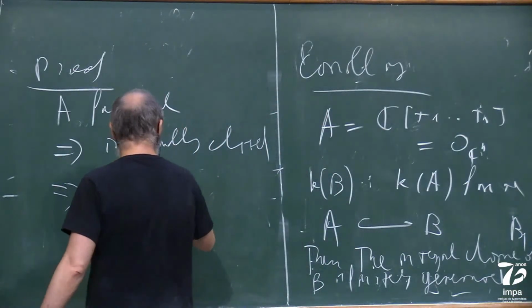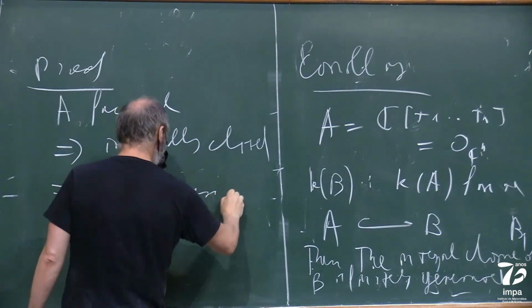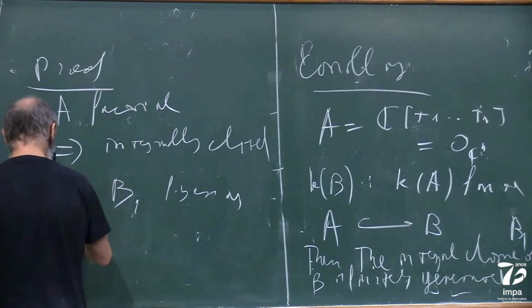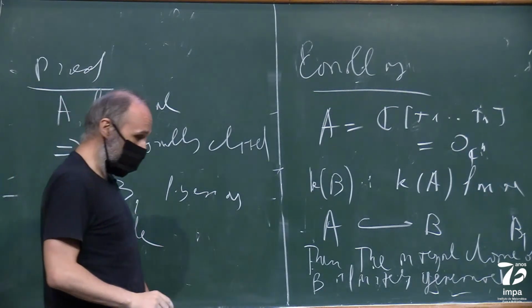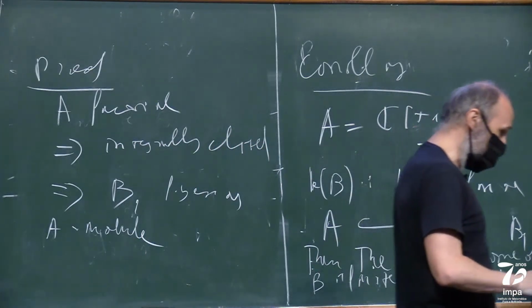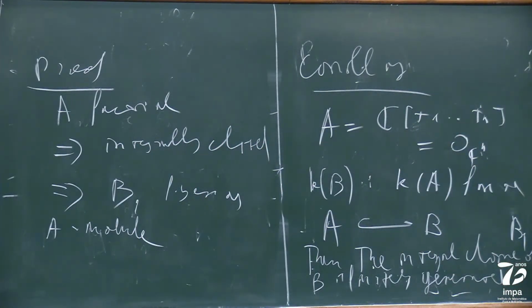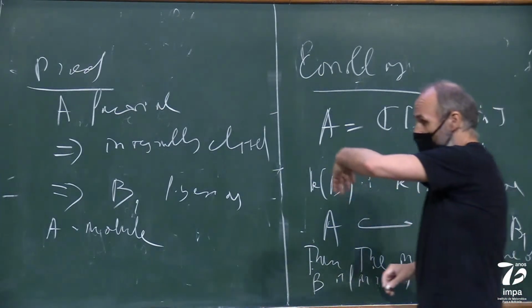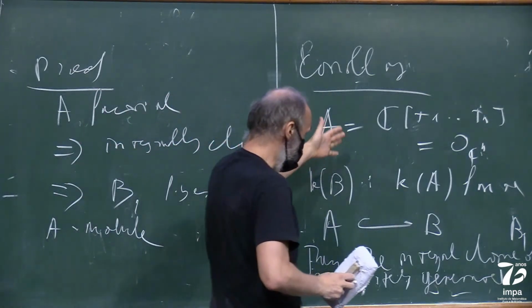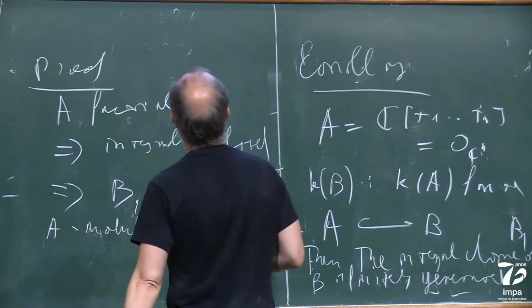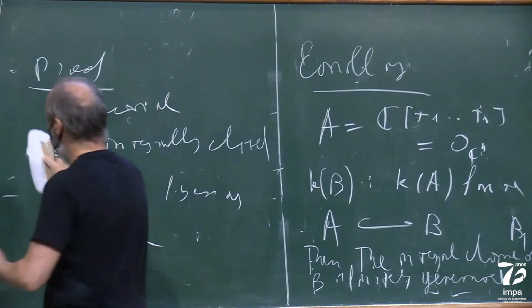B1 is finitely generated as a module. And this takes care of lots of examples, because in fact, many varieties can be realized as ramified covers over Cn. And then you have this nice picture.